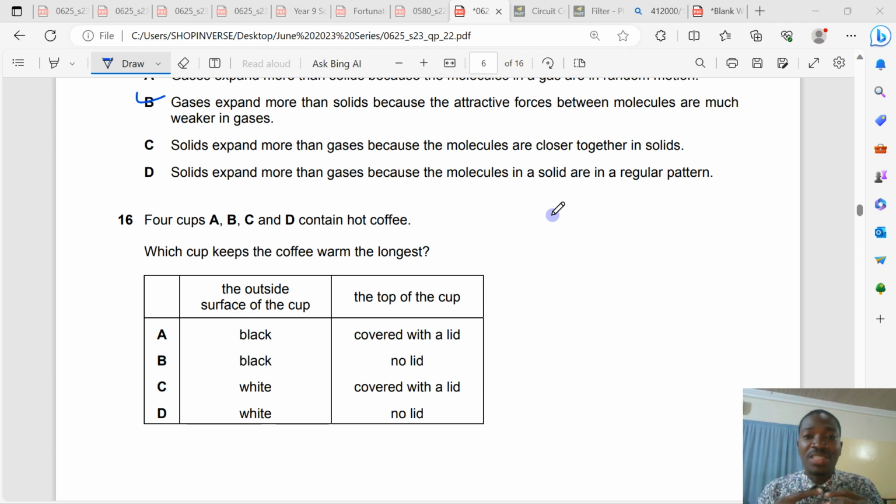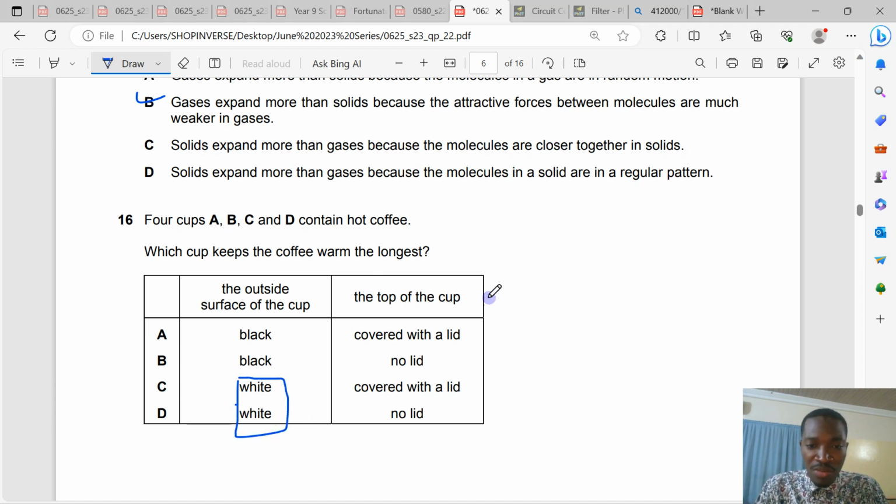It is black surfaces that easily transmit, just as they easily absorb. White surfaces are very reluctant to transmit thermal energy. So that's why the white surfaces will keep the coffee warm for a long period of time. So these two would keep the coffee warmer for a long period of time.